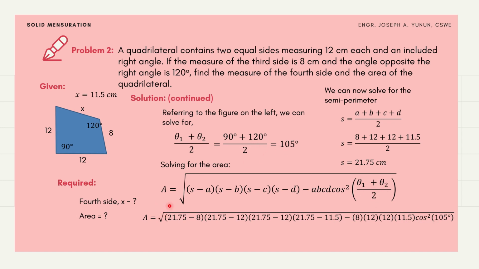So the final answer will be 111.85 square centimeters. So that is the area. So the final answers are 11.49 or 11.5 centimeters and 111.85 square centimeters.